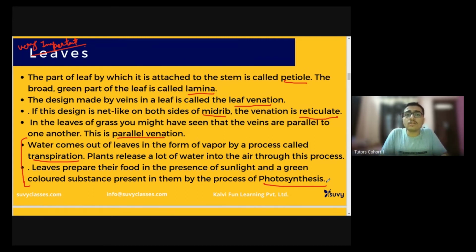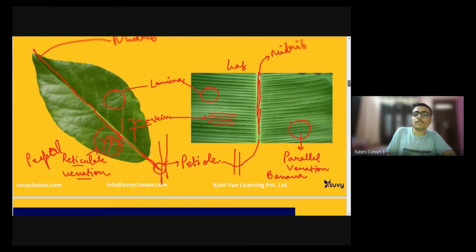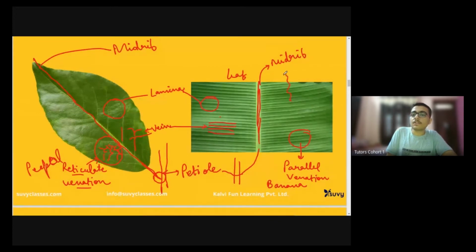So there is a major loss of water from the plant through the surface of leaves by the process called transpiration. As you have seen here, these are the leaf surfaces, and from these leaf surfaces the vapor form of water comes out by the process called transpiration.